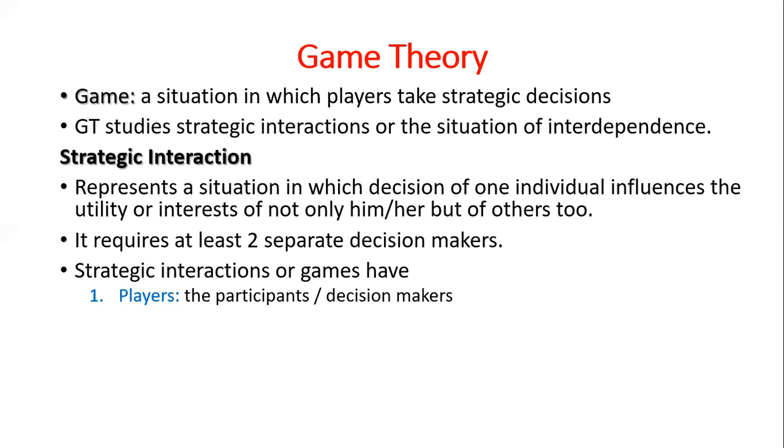So everyone who is a decision maker is a player. Then actions. Actions describe what possible moves are available to each player. That is, what possible set of actions or strategies each player can play at each stage of the game.